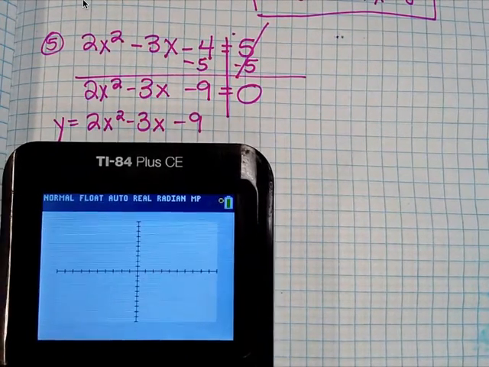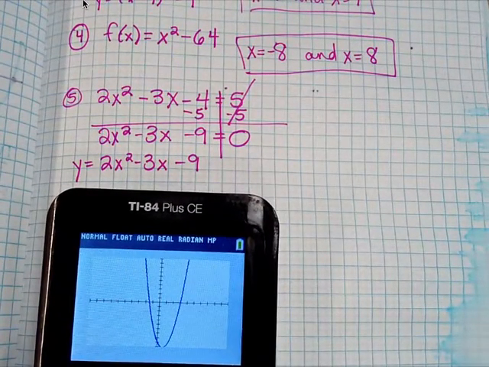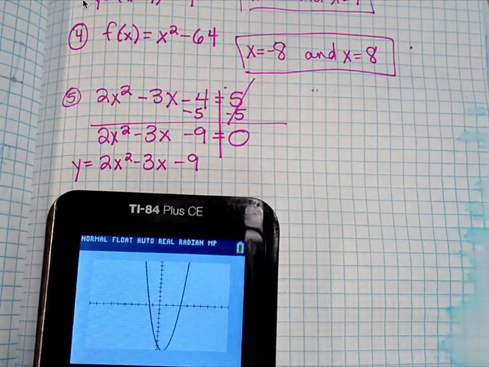Hit graph. How many times does it cross? Twice.